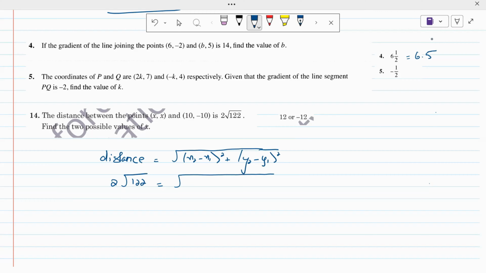This would be minus 12, this is x1 and y1, and this is x2 and y2. So x2 minus x1 would be (10 minus x) whole square, and y2 minus y1 would be (minus 10 minus x) whole square.